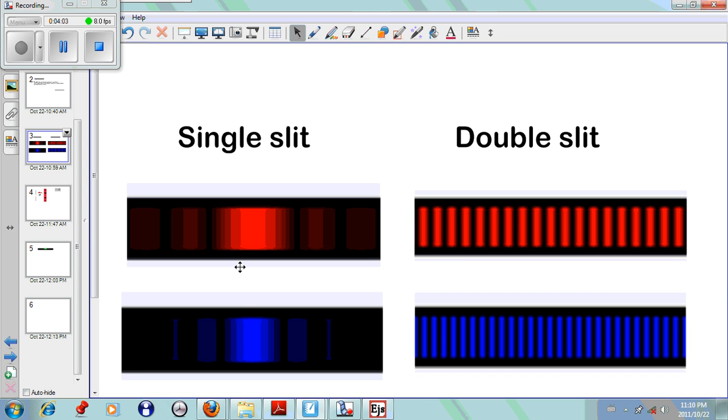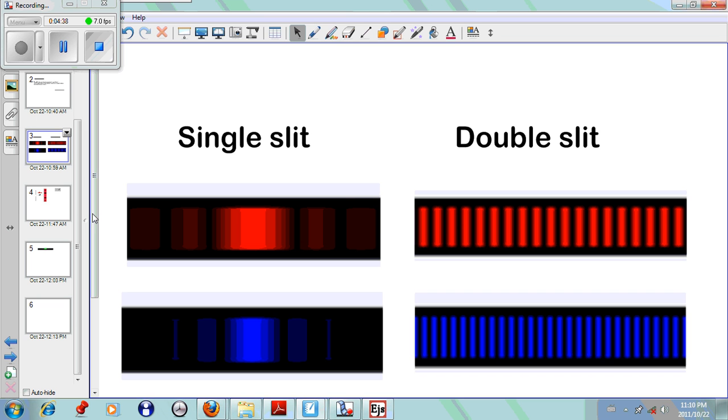As you move from red towards violet in the spectrum, red, orange, yellow, green, blue, indigo, violet, the central band gets smaller. As the wavelength moves from red, which is the greatest, to blue, which is the smallest, the central band decreases in width. This can be seen clearly here as well from the double slit and the single slit, where the red bands are wider than the blue bands.